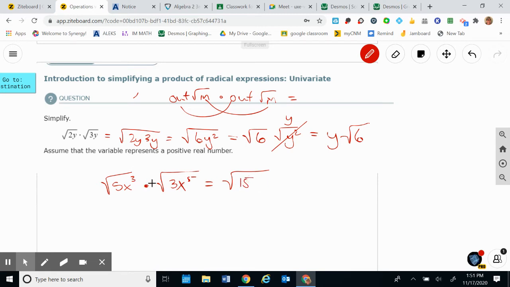It's still underneath the radical, x to the 8th, because x to the third times x to the 5th is x to the 8th. And then you can simplify that. Square root of 15 times the square root of x to the 8th. That becomes x to the 4th. And this is x to the 4th times the square root of 15.